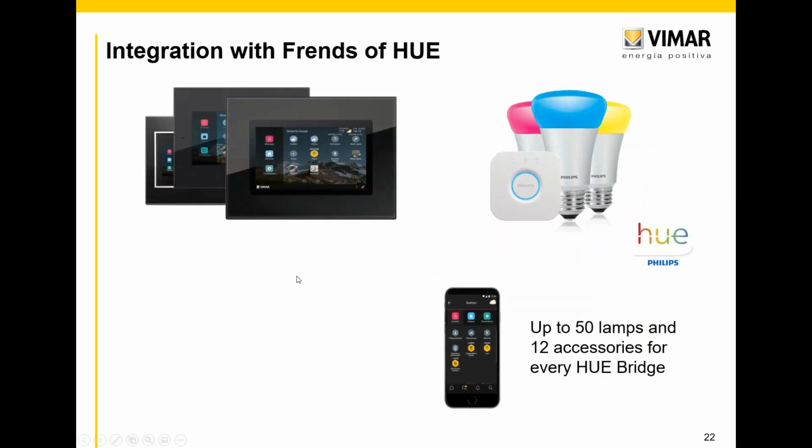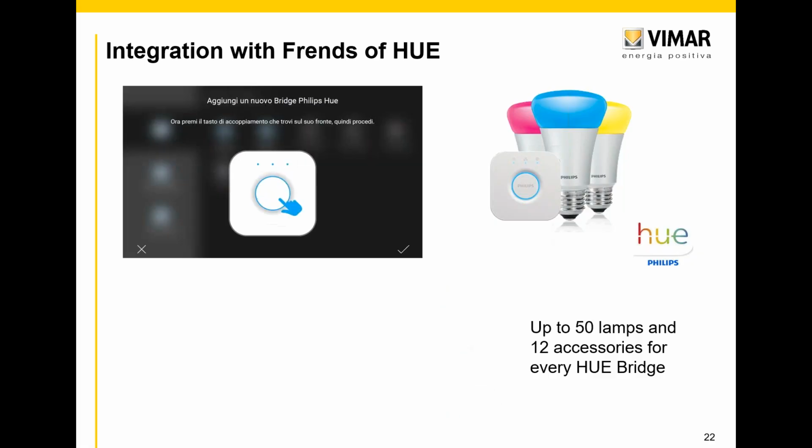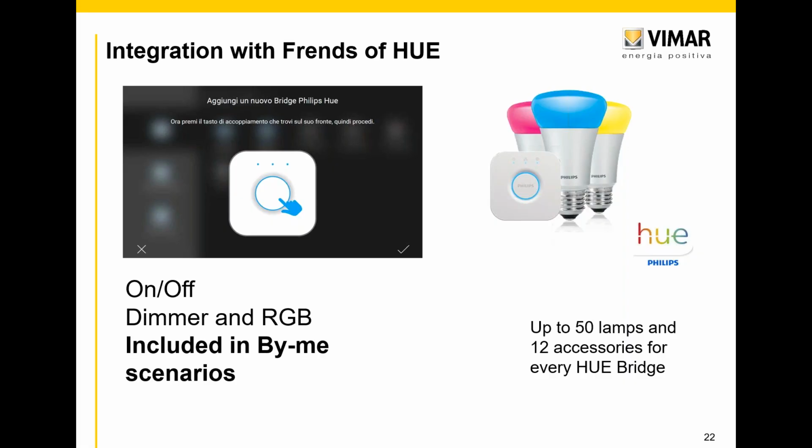So we added, in addition, the integration, for instance, with a friend of you. So just add in a specific menu the friend of you bridge, and then add, for instance, the lamps you decide, and link if you want the By Me push buttons, and integrate those friend of you lamps in scenario.